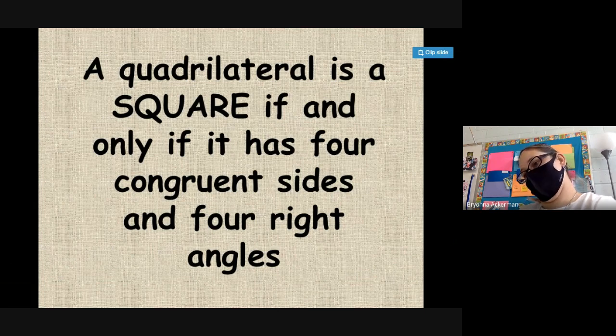But then it will still have all the other properties. So it will still have the diagonals that are perpendicular. It'll still bisect the opposite angles. It will still have diagonals that are congruent. And it still has the opposite sides are parallel and stuff too. Okay.